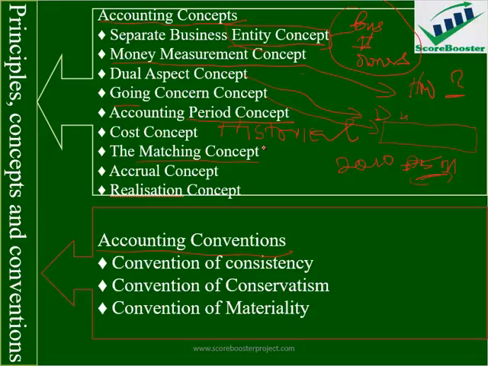The opposite of this one is what we call cash concept, cash basis. We don't use it in the private sector, but we use cash basis in government accounts. Also, if I bought something on credit from somebody and have not paid, I must have received the goods and acknowledged receipt of those goods, then I will record it as purchase and also create a creditor account.